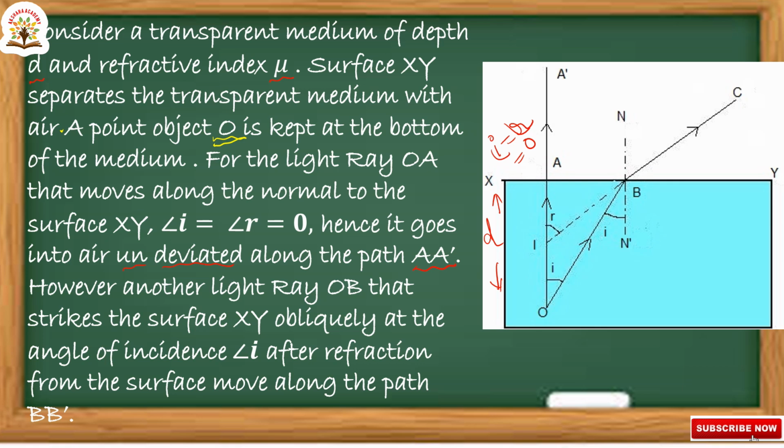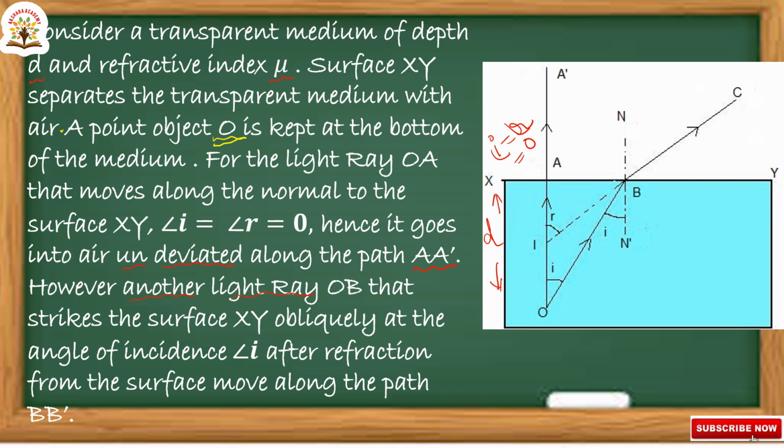However, now we are taking another light ray OB that strikes the surface XY. This is the light ray coming from this transparent medium to air. Suppose it is a glass medium, glass to air. If it is filled with water, then it is water, a denser medium, to air.